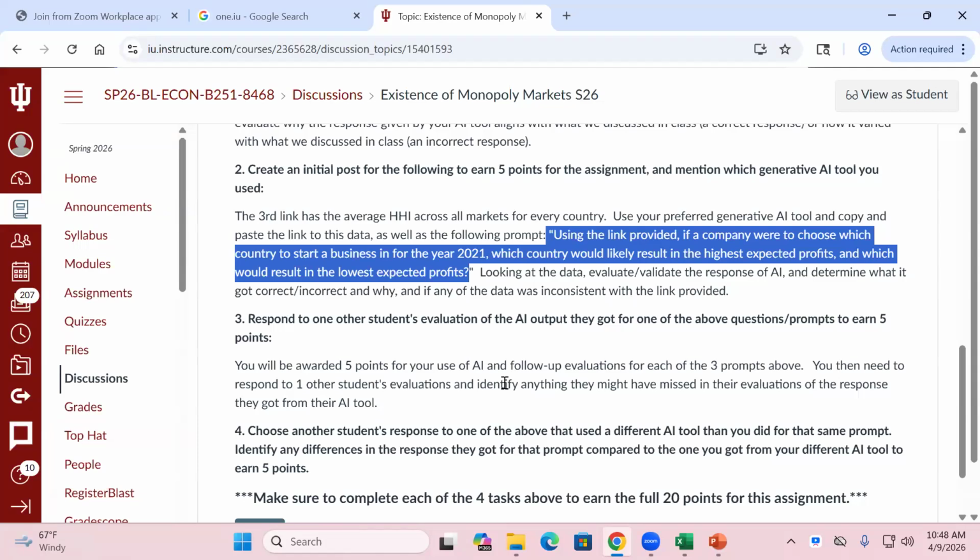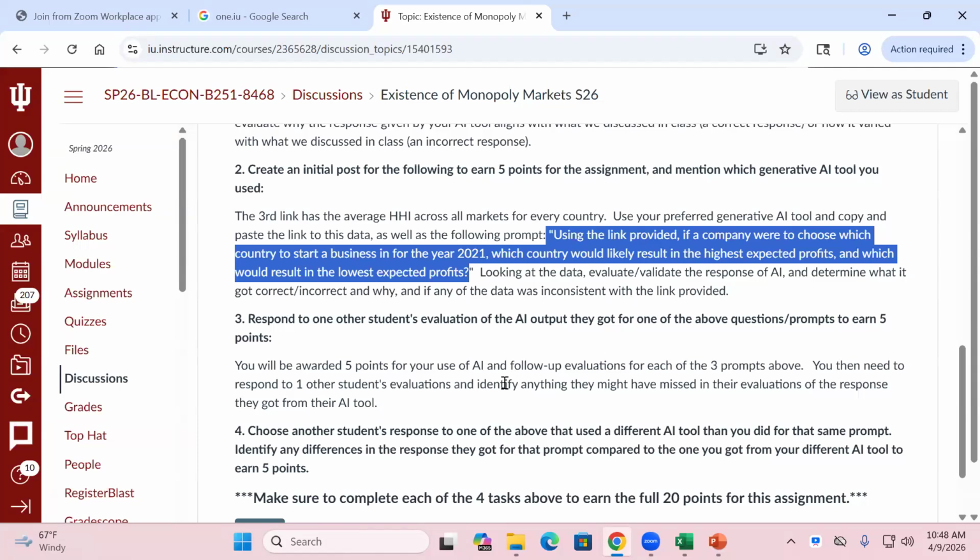The final 5 points: you're all going to put in your initial posts what AI tool you use. So you will then look for someone else for the same part, whether it was option 1, 2, or this second part using the data source, who used a different AI tool than you did. You will then need to put in your response to that student how their AI's response differed from yours.